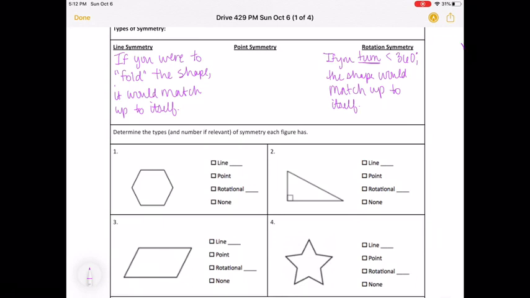So now jumping back to point, sorry, lost my train of thought there for a second. So rotational is if you're turning it, it can have more than one location of rotational symmetry along with the same for the line, okay? And then if we're looking at point, okay, point is only one. It's not going to have like multiple locations. It is if you rotate the shape 180 degrees.